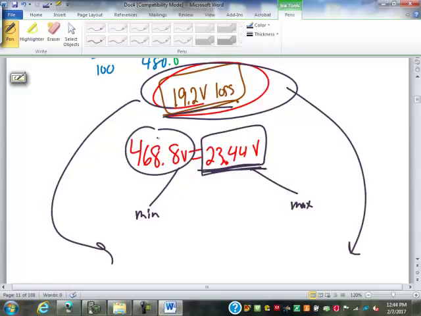Why couldn't we subtract that before we got this number? Because we had to have 5% of this to establish what that error really was. So we had to find the 5%, convert it from relative to an absolute before we subtract the loss. So I'm going to go ahead and subtract the 19.2 volts from my 468.8.